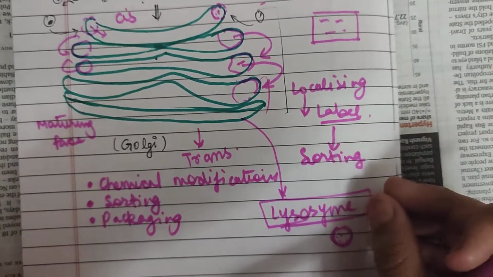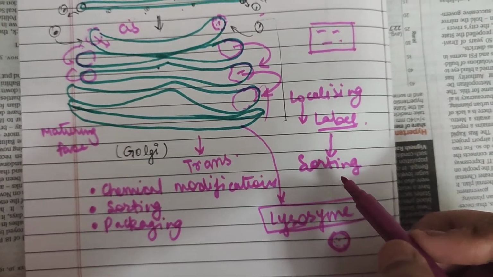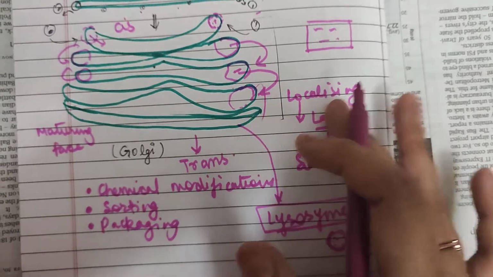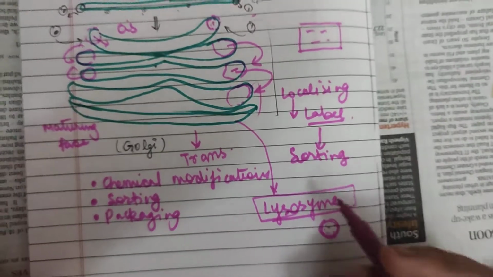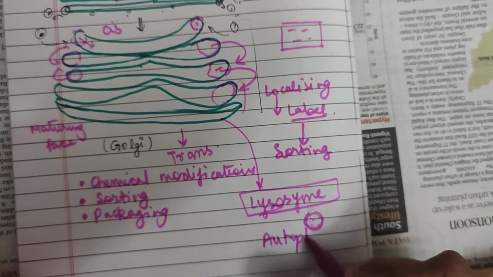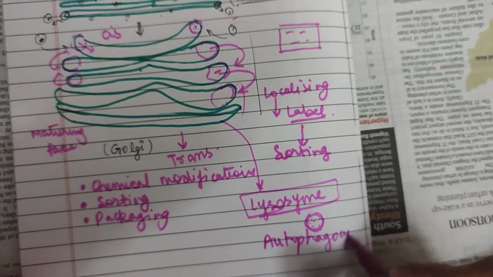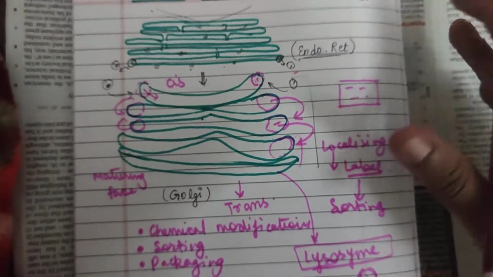They are the digestive organs, going to digest all the debris and things that are not required in the cell. They can also digest the cell itself, being autophagocytic, eating themselves up after their work is done. That is for another video.